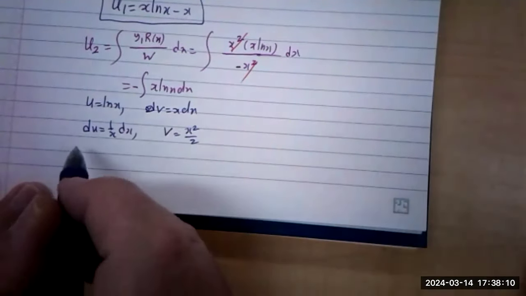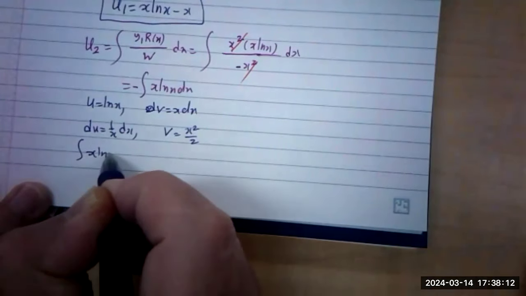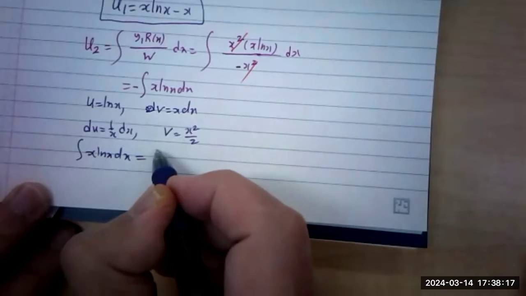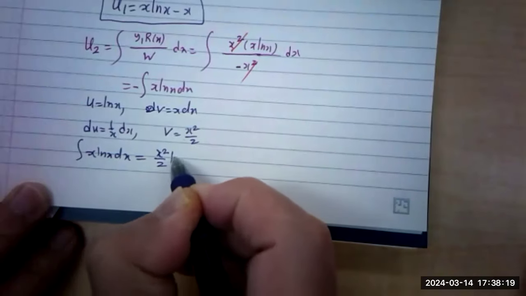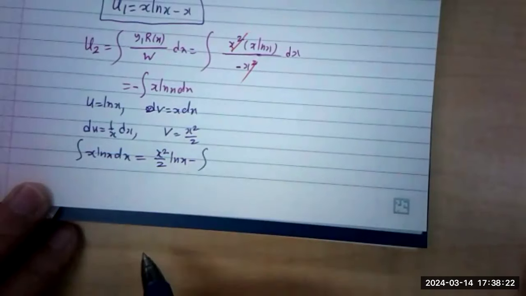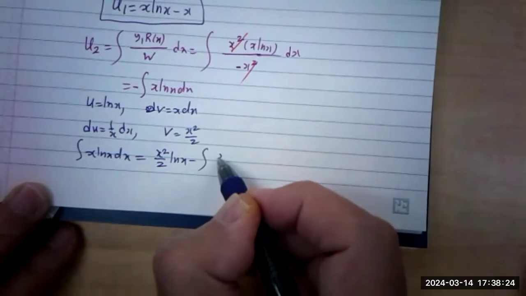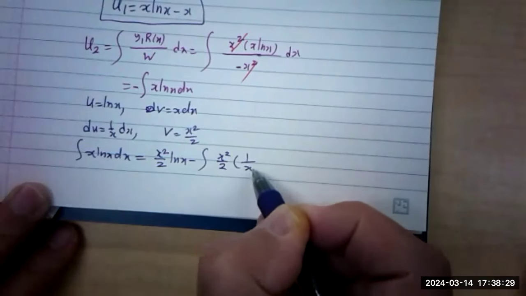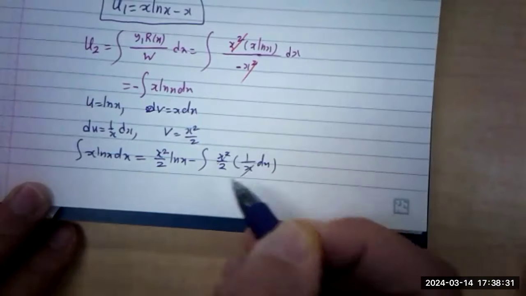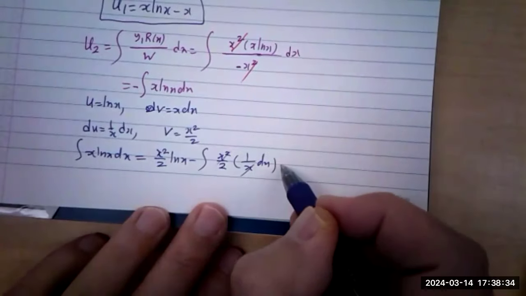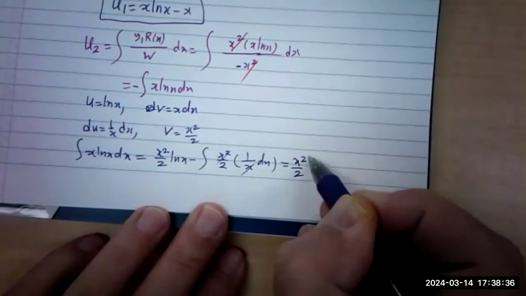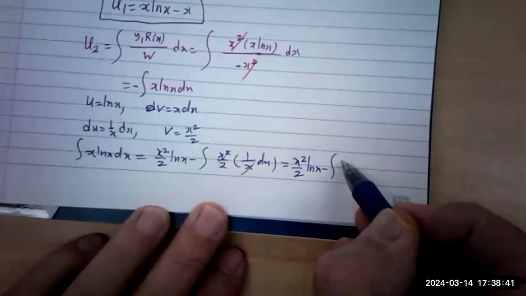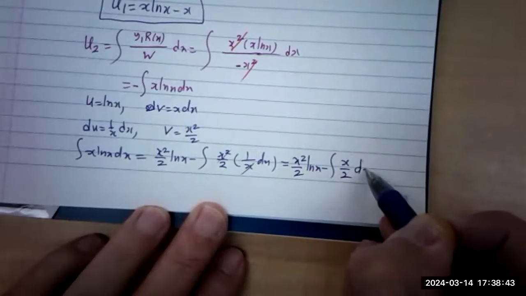Now I put them together: u times v, which is x squared over 2 ln x, minus the integral of v du, x dx, where 1 x would cancel out.